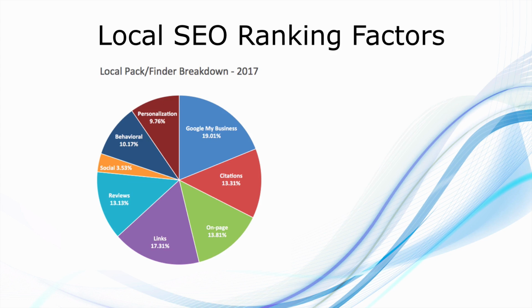All of this also impacts the local SEO ranking factors. There is not much you can do to manipulate this, except setting up your Google My Business listing as accurately as possible.